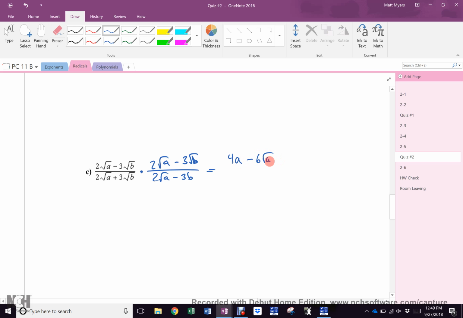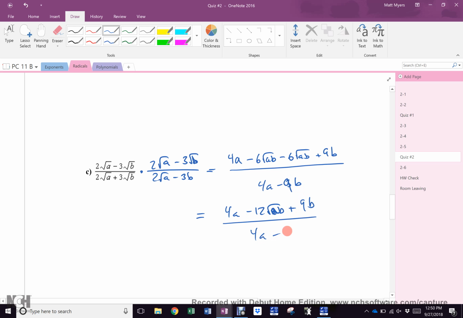Minus 6 root AB minus 6 root AB plus 9B over 4A minus 9B, which is then 4A minus 12 root AB plus 9B over 4A minus 9B. And then you're done.